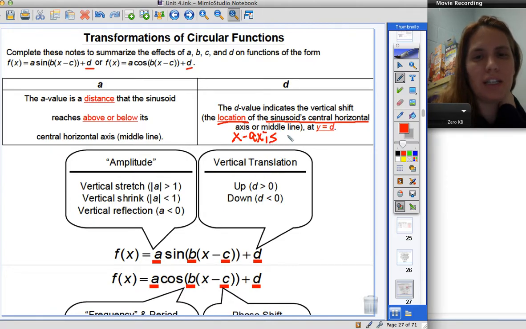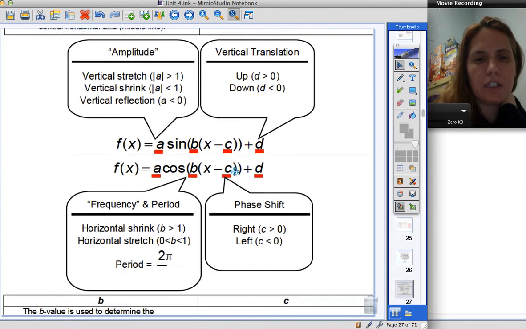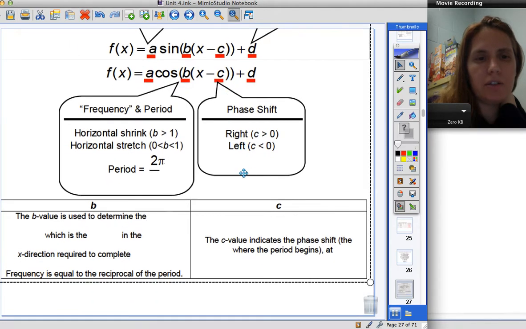You might want to write that down: normally that's the location of the sinusoid, on the x-axis. All right, and then let's see, I probably need to erase this so I can move it up. Now let's look at your B and C value.